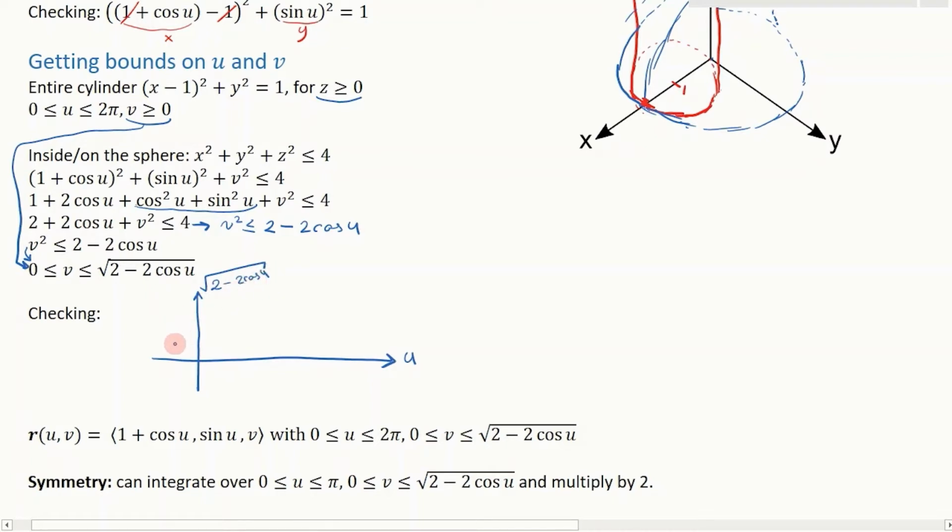But first I will sketch it without the square root. If we sketch just 2 minus 2 cosine u, we get, so this is 2, this is 4.